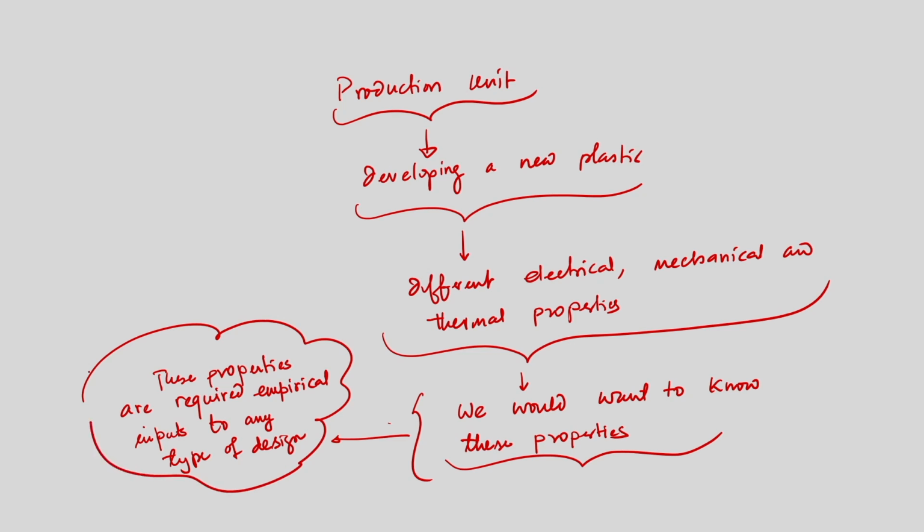These properties are required empirical inputs to any type of design. So, when the new plastic is developed, our objective is to obtain different properties. If we are looking for the new electrical properties, definitely the new electrical property will be required as an empirical input to the new type of design.